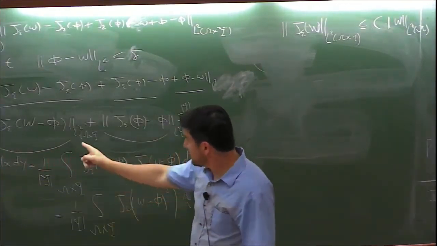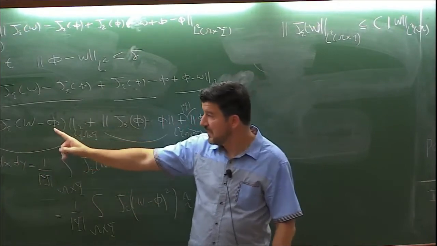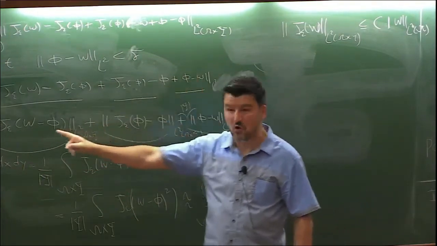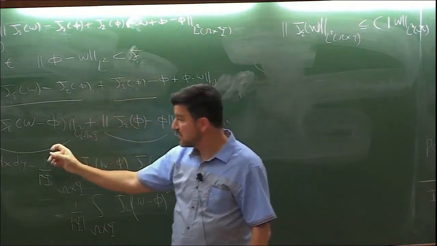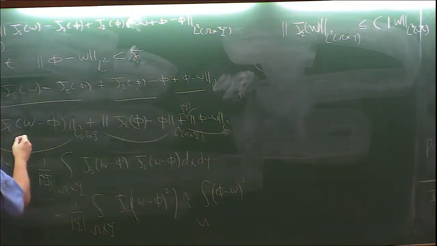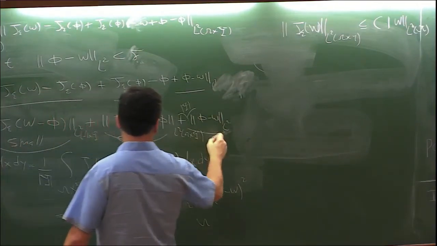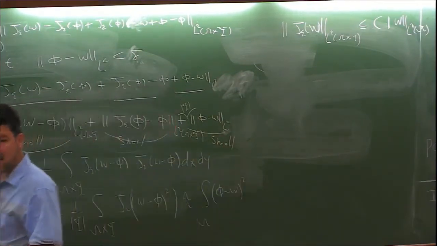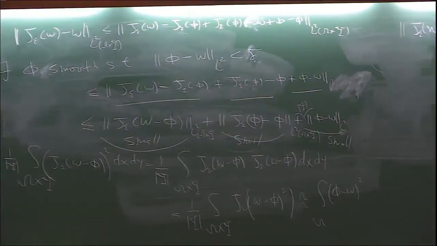That's what we use here, so we have that the norm of T epsilon of W minus phi is less or equal than some constant times the norm of W minus phi, and this was small as well, so this could be small as well. So this is as small as you want, yeah? So all of them are small, that means that in the limit, this thing is small, so you're done, okay?